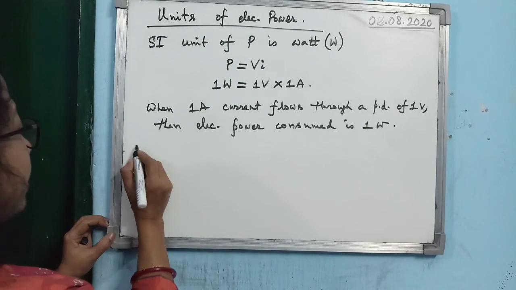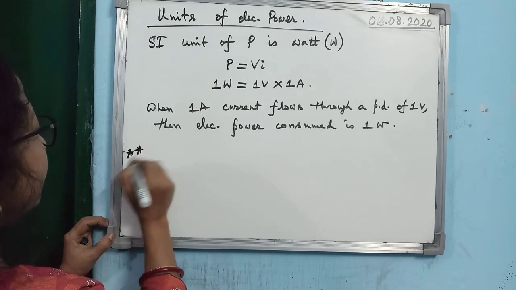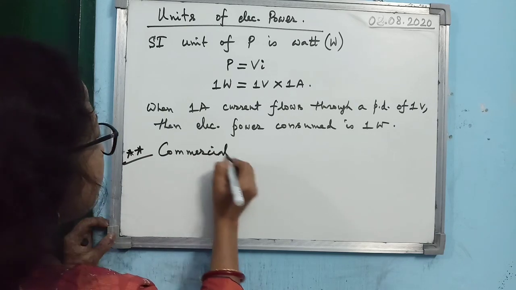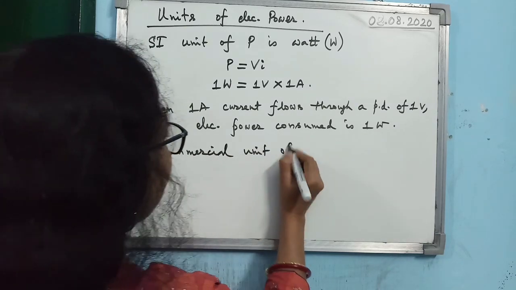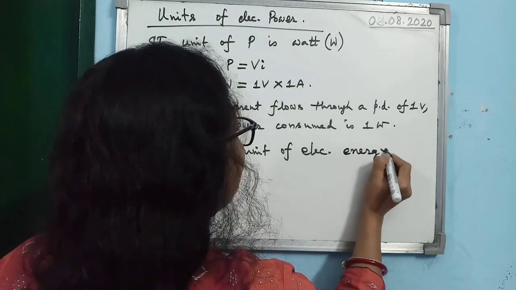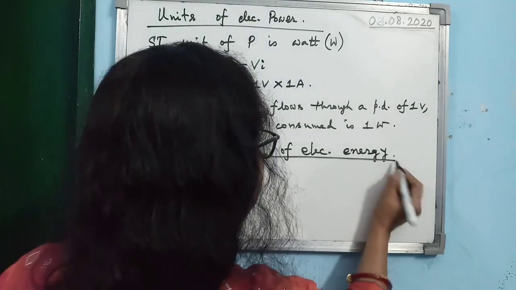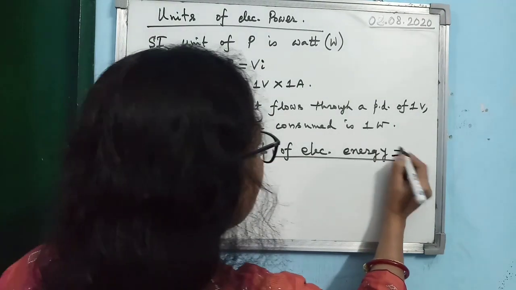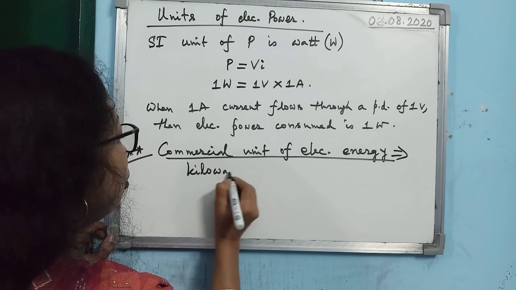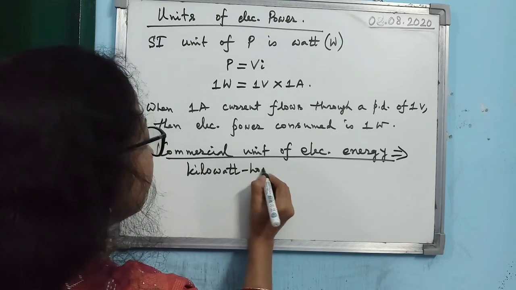The next one is a very important topic, that is commercial unit of electrical energy. In the work done power chapter also we have studied the commercial unit of electrical energy, that is known as kilowatt hour.